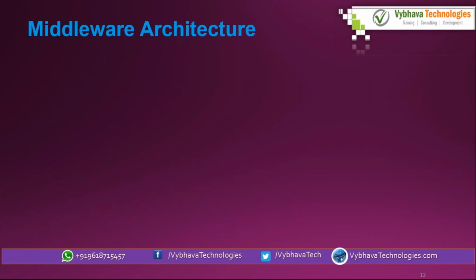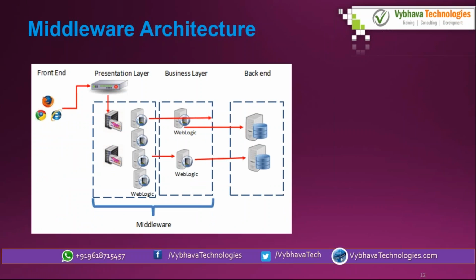Okay, moving ahead, we try to understand what the middleware architecture for WebLogic is. At a high level, these are the different layers we have: the front end, the back end, and in between, our entire WebLogic middleware story goes on.